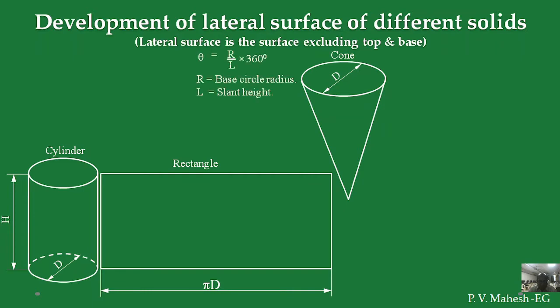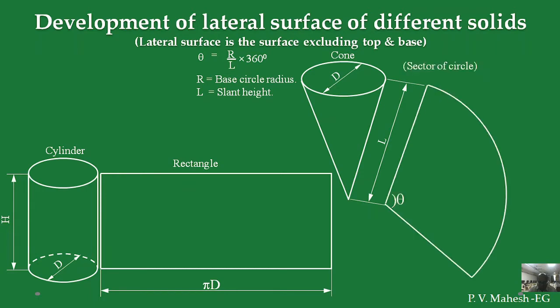So the included angle is given by this, and what is this L? The L is the slant height of the cone. It is not the vertical height, it is the slant height of the cone. And R is the base circle radius. Here if the diameter is given, then R is equal to D by 2. So using that you can find out the angle of the sector.